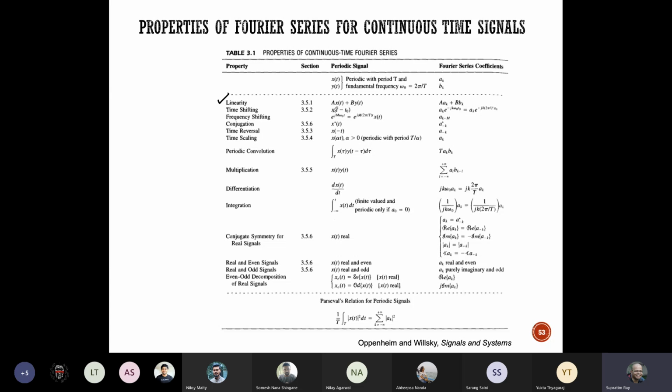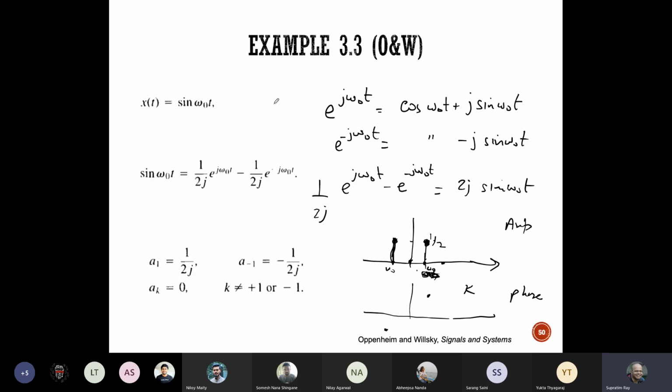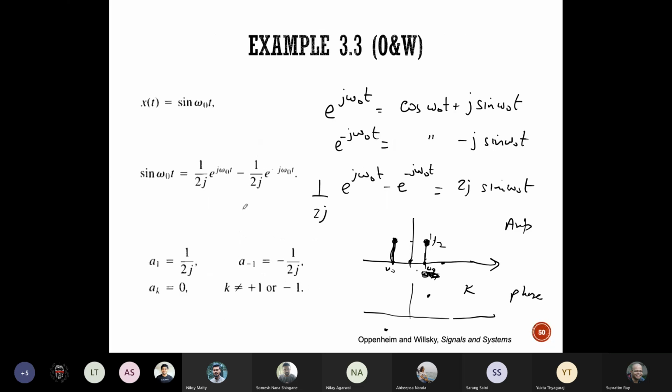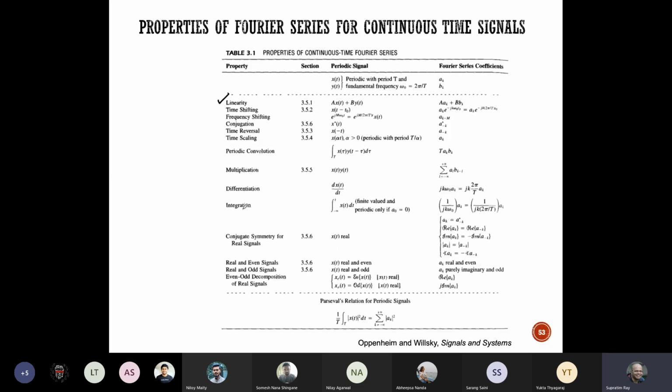Time shifting is also easy. Let me just do the time shifting one. So I want to know the relationship between the Fourier coefficients of x(t) and a shifted version of x, x(t) shifted by t0. Okay, so let's look at time shifting.